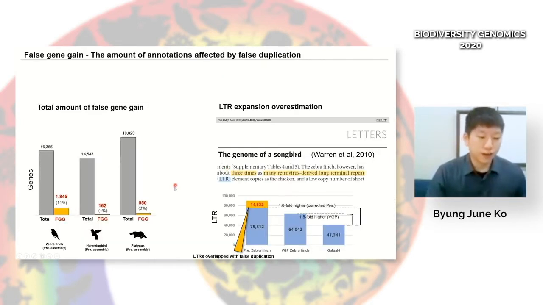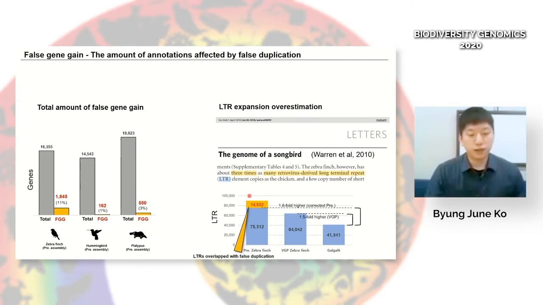So we found around 2,000 false gene gain cases in the zebra finch previous assembly, and 160 and 554 in hummingbird and platypus as well. It is sure that other features of the genome can be affected by false duplication. The zebra finch LTR was reported as expanded compared to chicken, but it can be overestimated because false duplication can affect gene family expansion.